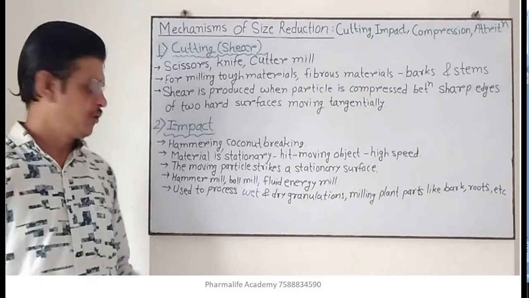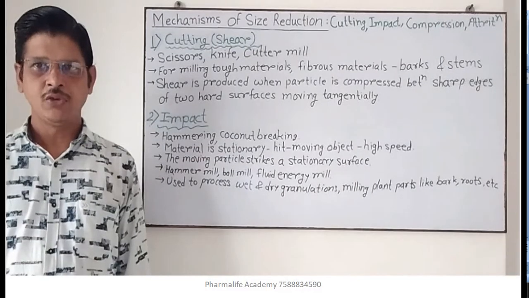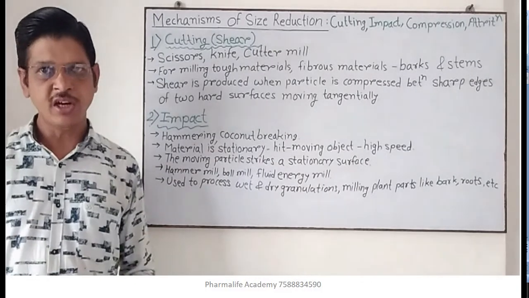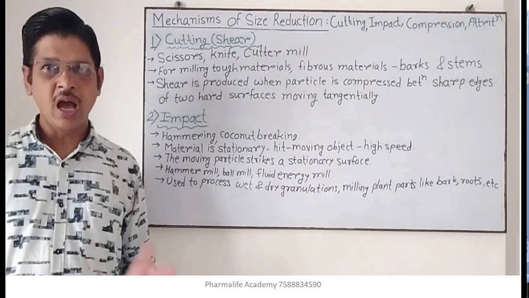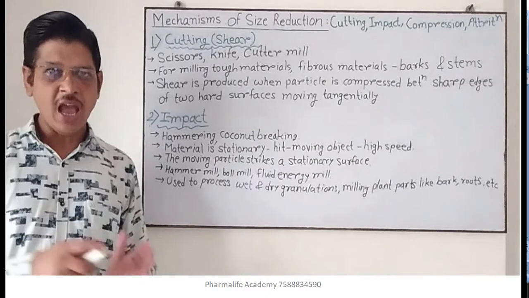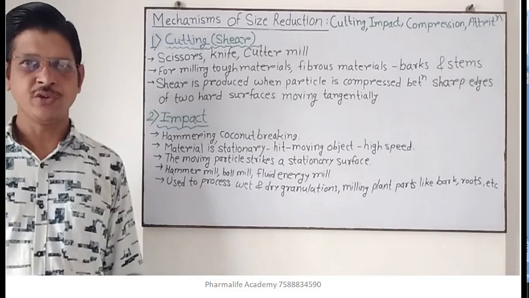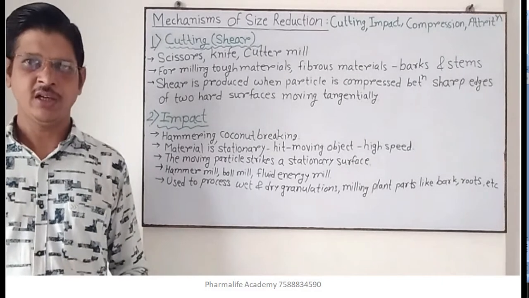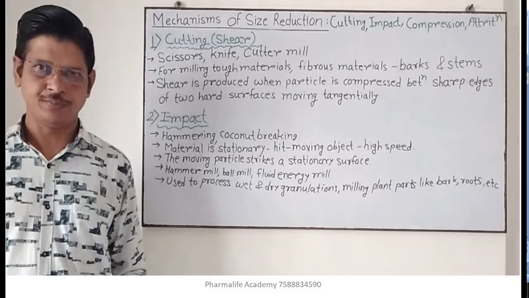Impact mechanism is used in hammer mill, ball mill, fluid energy mill, etc. Usually, in a mill based on impact mechanism, the substance is hit by a moving hammer and the particles formed are then thrown against the casing or wall of the mill. Thus, both actions take place. This mechanism of size reduction is used to process wet and dry granulations, important in tablet manufacturing, and milling of plant parts like barks, roots, etc.